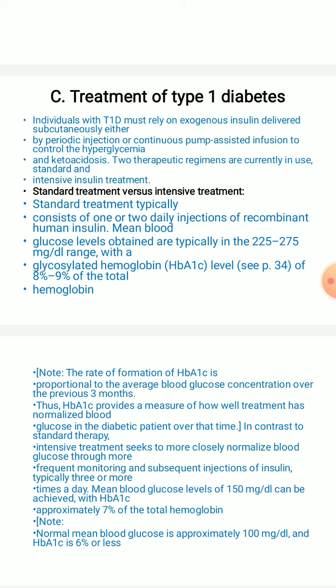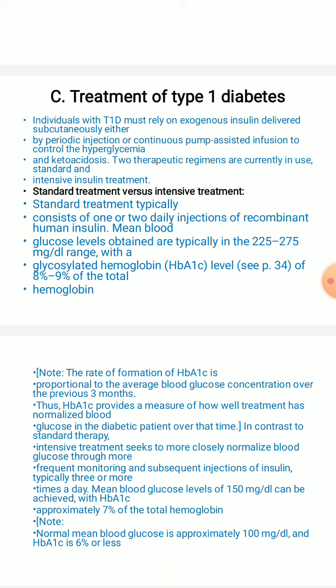The rate of formation of HbA1c is proportional to the average blood glucose concentration over the previous 3 months. They calculate the mean blood glucose level by going through the 3 months of blood glucose concentration, how the patient has maintained it.